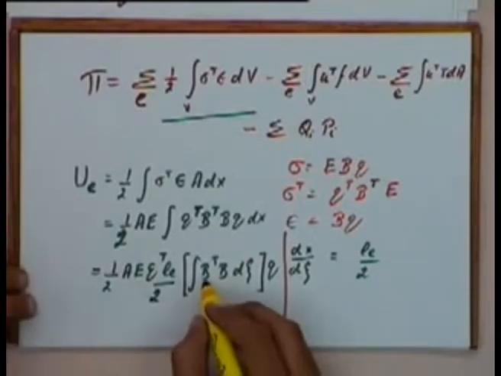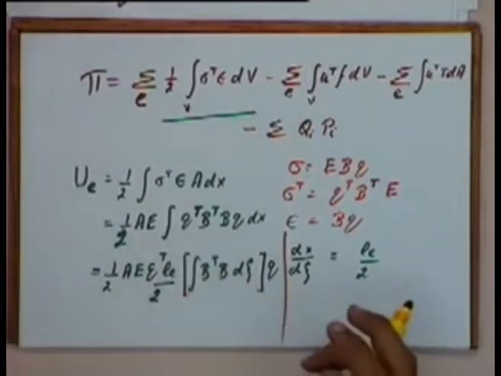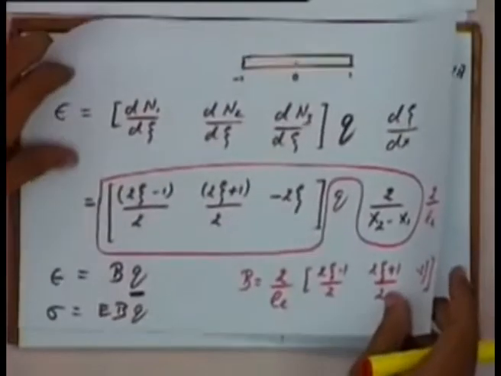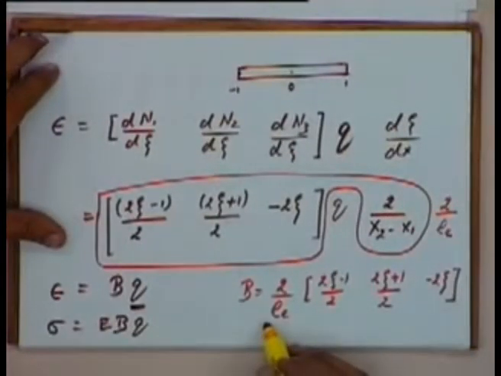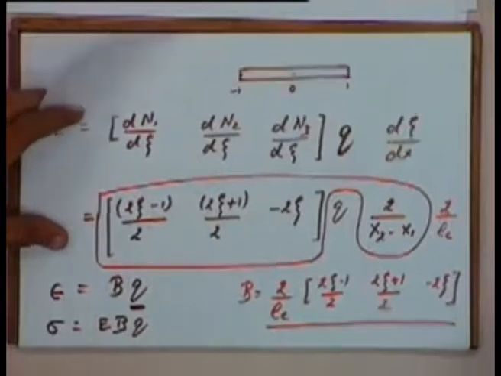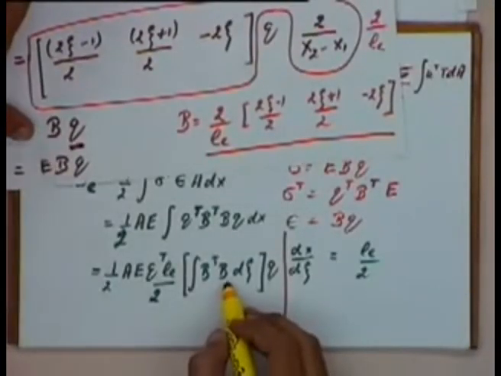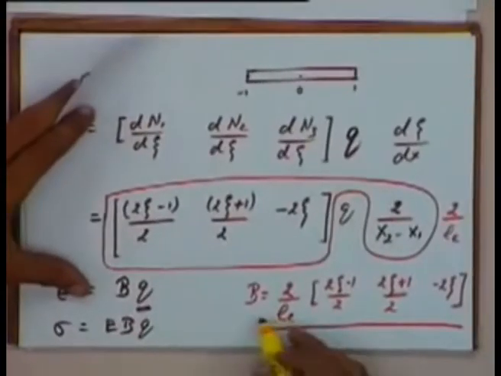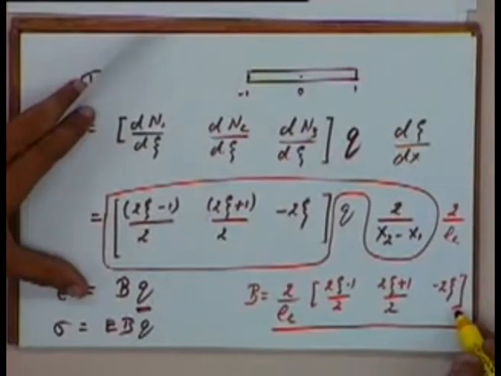Now, B is the matrix which is given over here. This is my matrix B. If I do a B transpose into B, B is a row matrix of size 3.